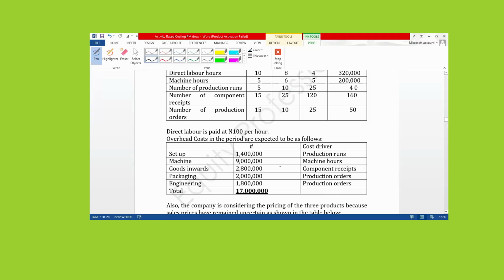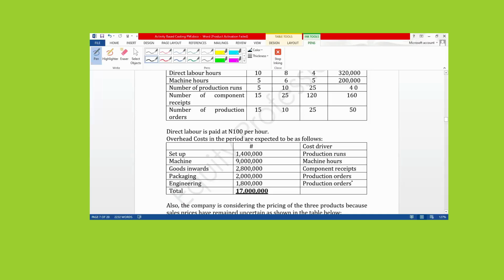Look at it here. Examiner says production run contributed to setup. Machine hour generated machine overhead. Component receipts created goods inward overhead.